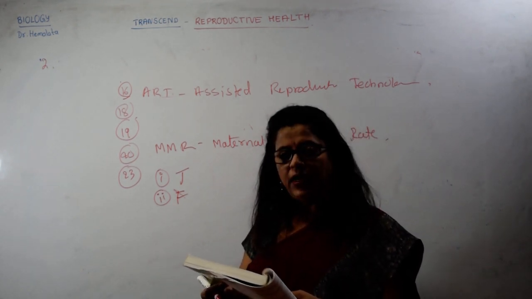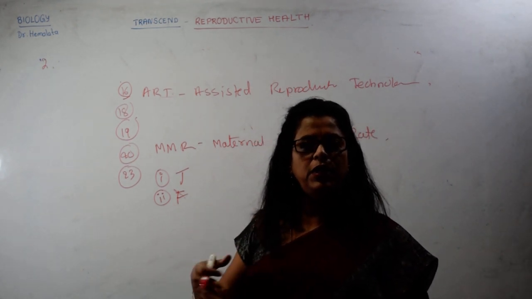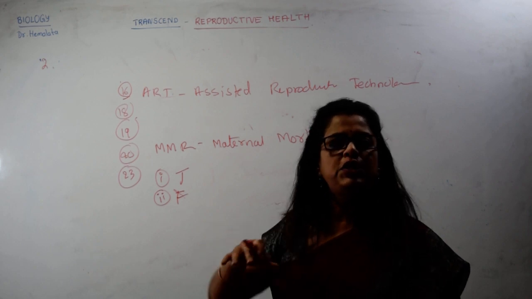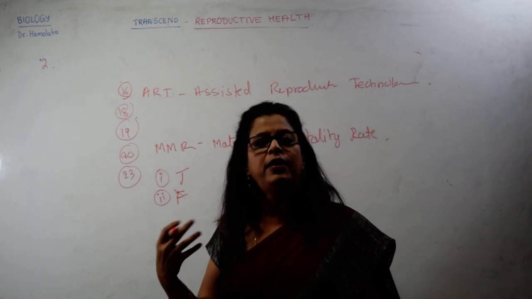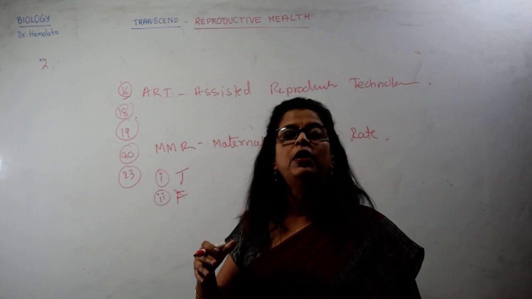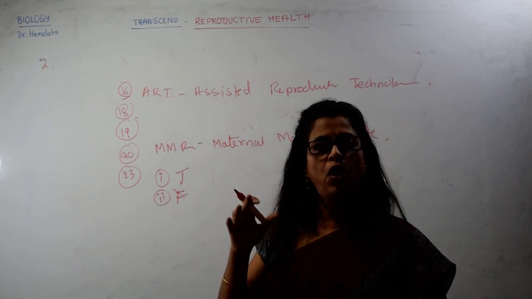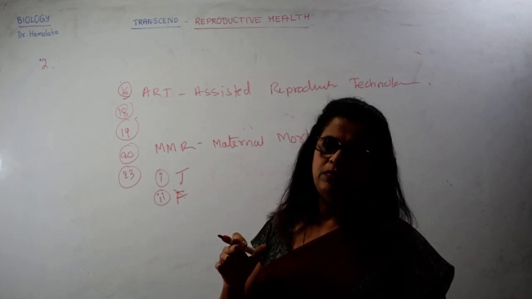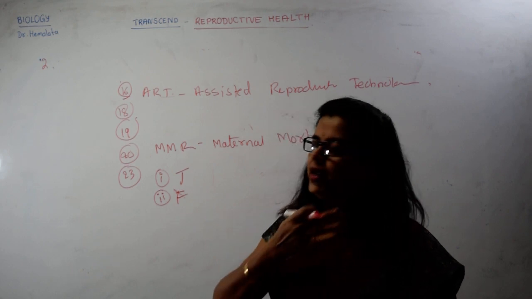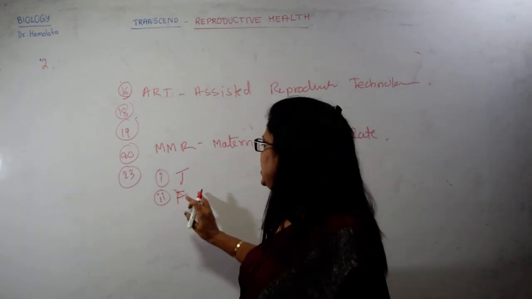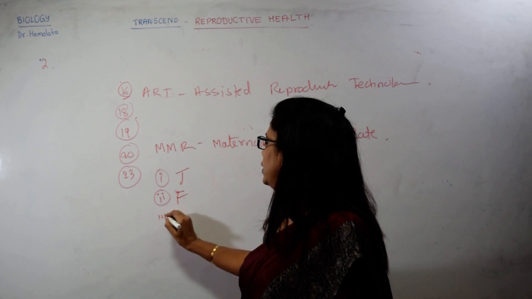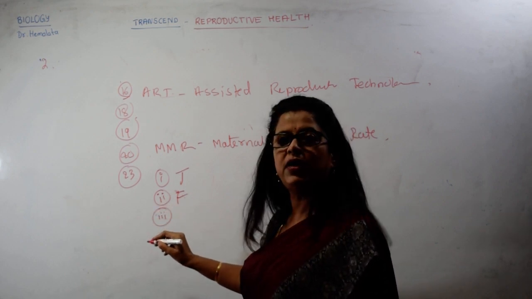Third option says complete lactation could help in contraception. Complete lactation means the mother is continuously feeding the baby or has full milk production and is feeding the baby continuously; it could help for contraception. Not 100%, it could help. It is what we call lactational amenorrhea. The third one is right.